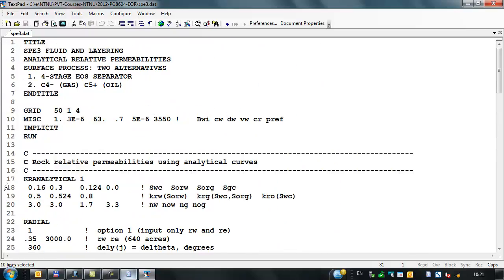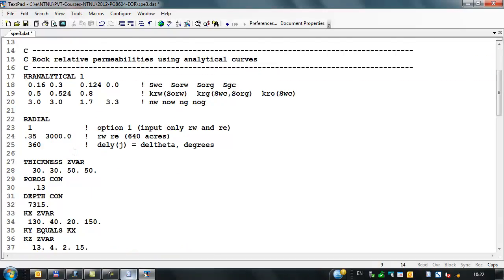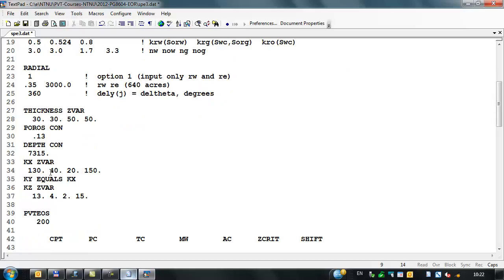I'm going to create a little bit simpler model, because if you introduce layers, then you start having not a single average pressure to do a comparison with. So I'm going to simplify this model. I'll put one layer. It's a radial model. We'll put 100 millidarcies in each one of these.